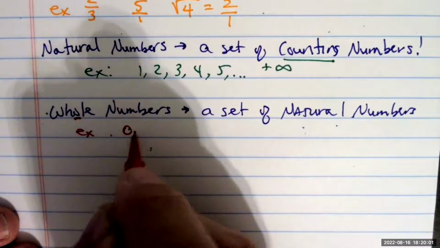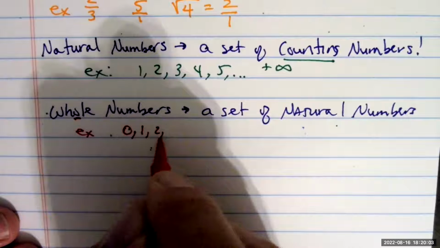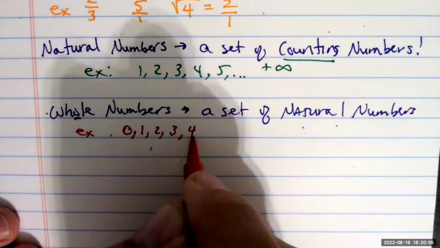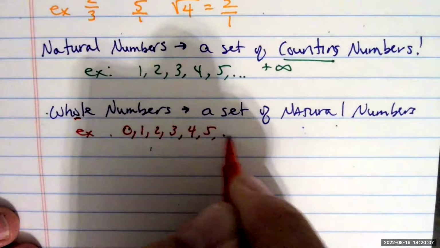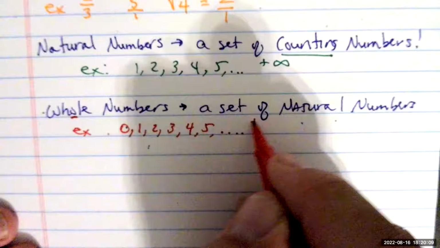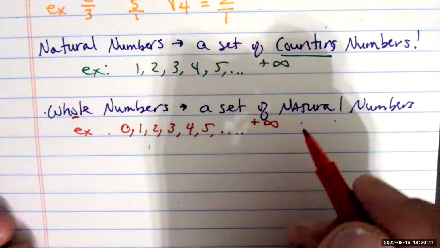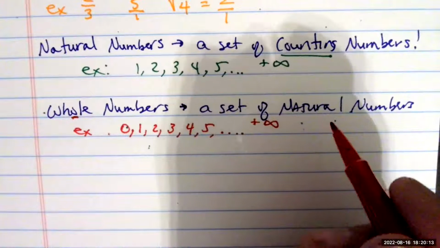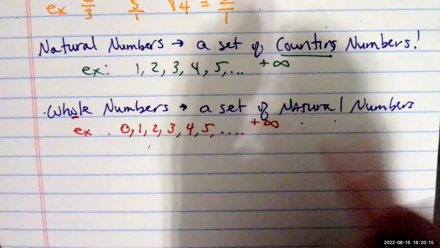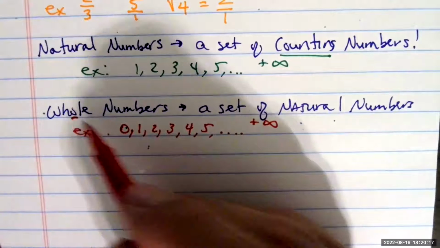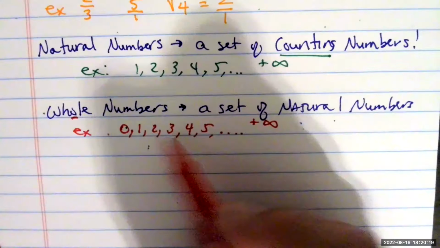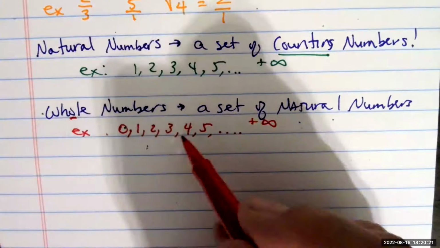And then it's the natural numbers 1, 2, 3, 4, 5, and it goes on forever to positive infinity. So the whole numbers, I finally said it correctly, the whole numbers have a 0 in it or an O in it. So that's how you can identify which one has the zero.